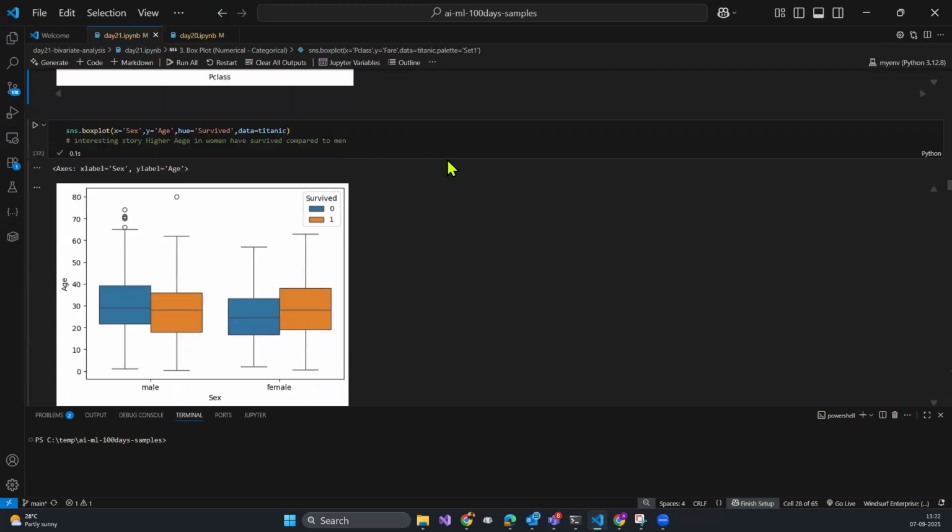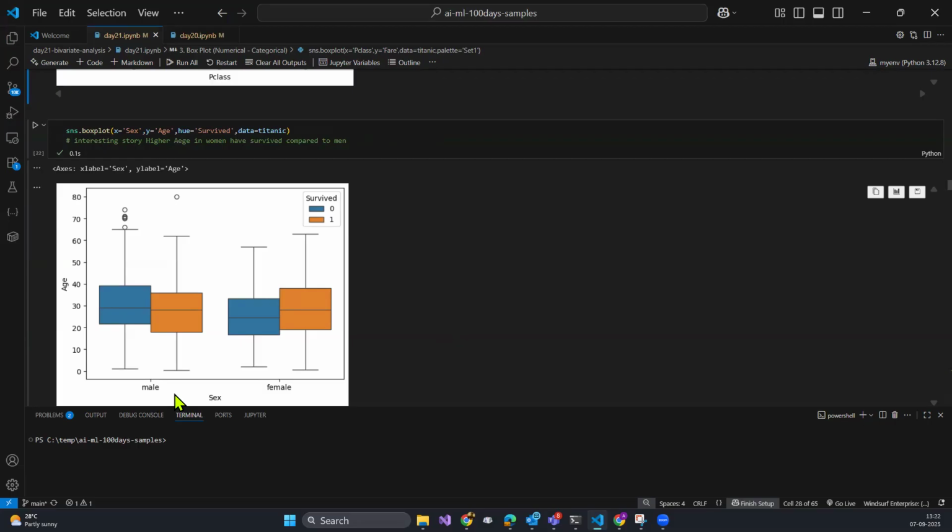So here, if we would like to check the male, female, and their age box plot, based on this, and who were survived, right?